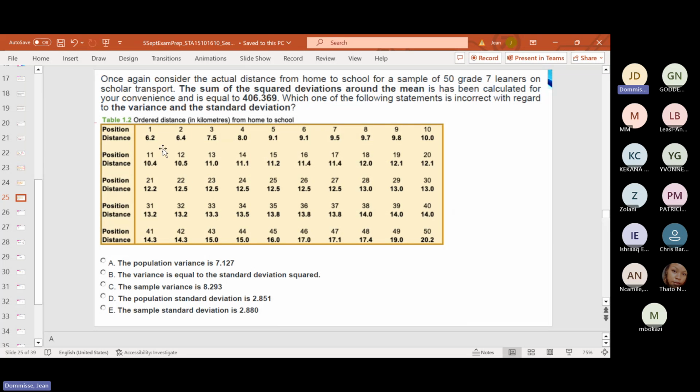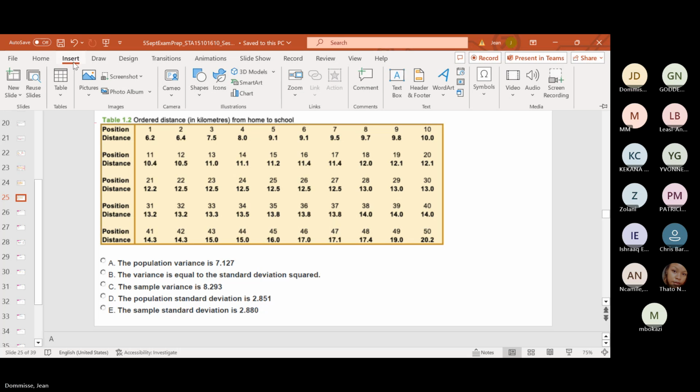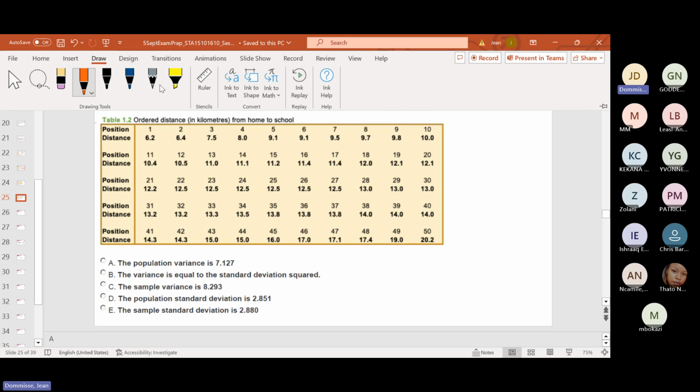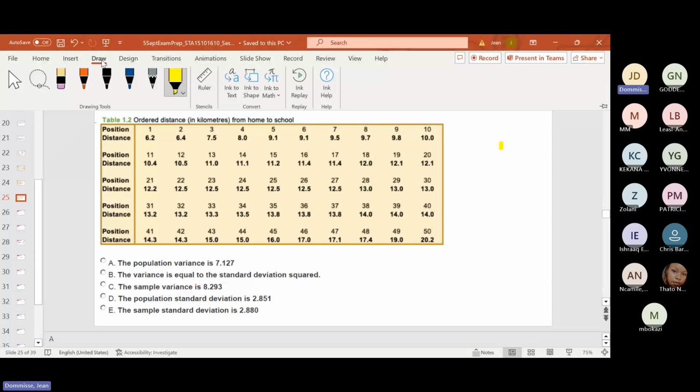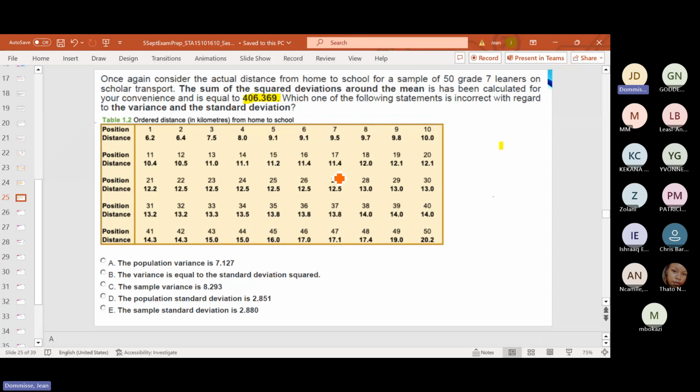And again, they're not going to give you this information without giving you something else. So here they give us the sum of squared deviations around the mean. So it has been calculated for you. So you could have said, okay, if I need to work out the variance, and the variance of the sample, because they tell us it's a sample.